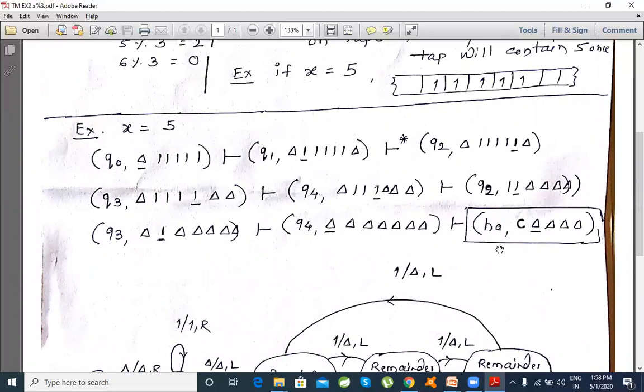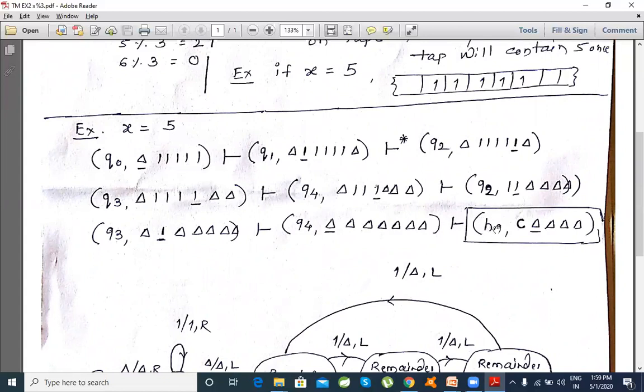The conclusion is: did we accept this? Yes. We started with the original configuration where we started with Q0, the underneath character is null, and X is still to be processed. And with 0 or more steps, this is my final configuration where I reach HA. So HA stands for halt with accept.